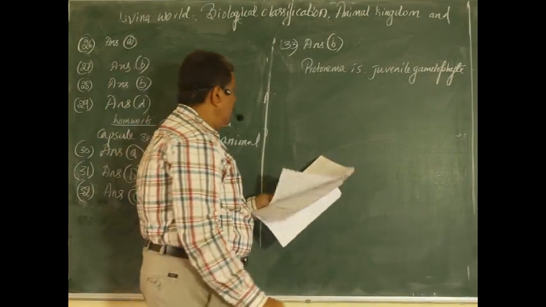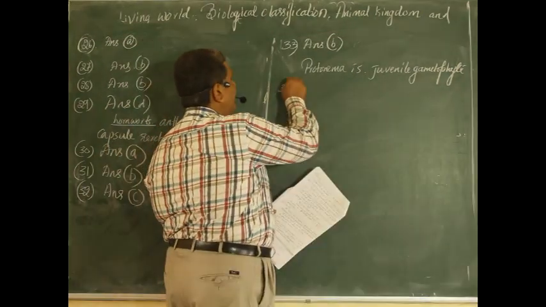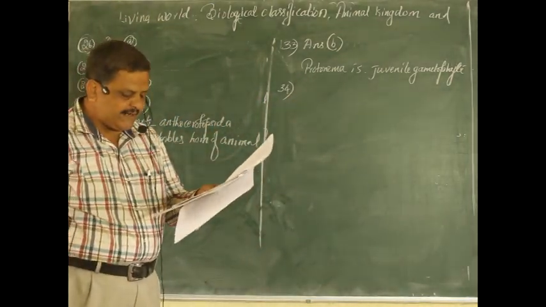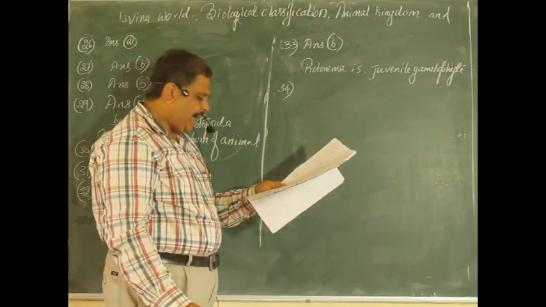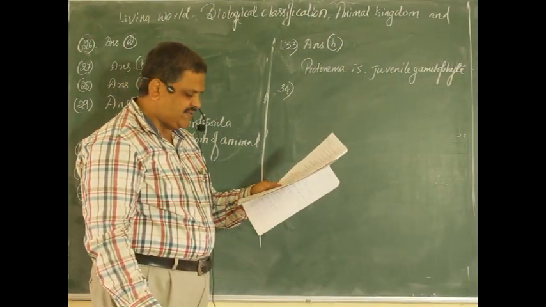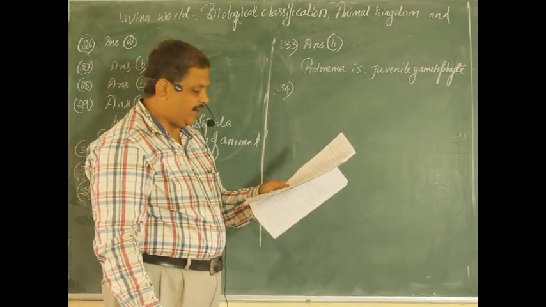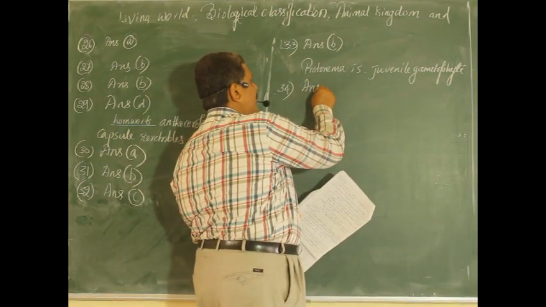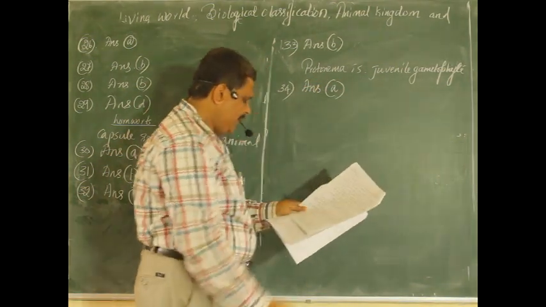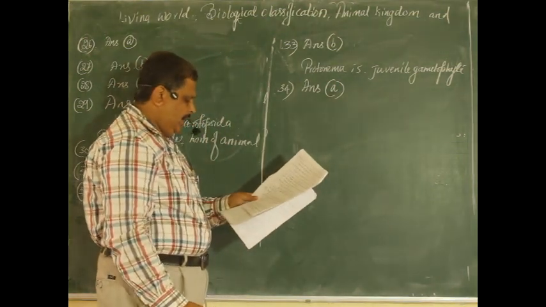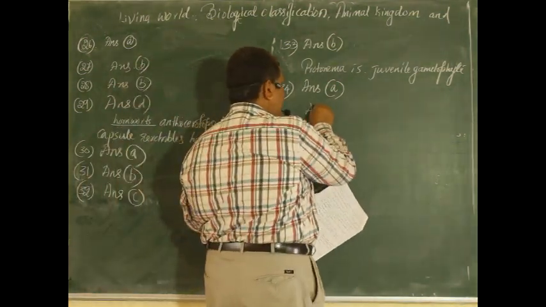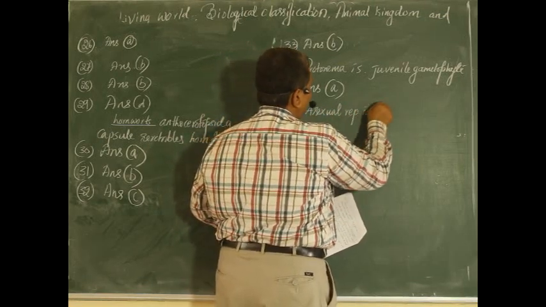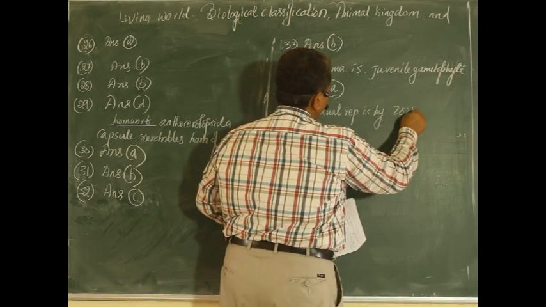Next question. Question number 34. In Ulothrix, spores are released during option A, morning; option B, night; option C, evening; option D, any point of time. So the answer is option A. In Ulothrix, asexual reproduction is by zoospore formation.